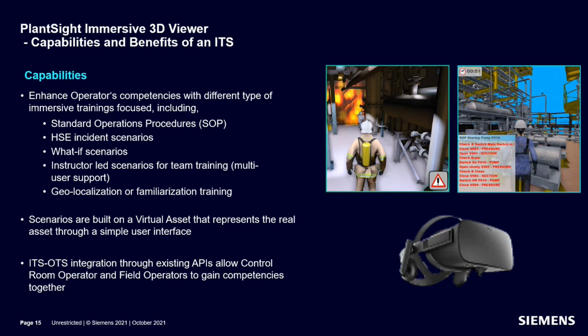The what if scenarios, essentially this is where you want to do some simulation between the field operator on the plant and the control technician in the control room using the OTS, the operator training simulator. So what happens if I close this without doing it safely? Will this lead to an incident? Before finding that out in a damaging way on the plant.